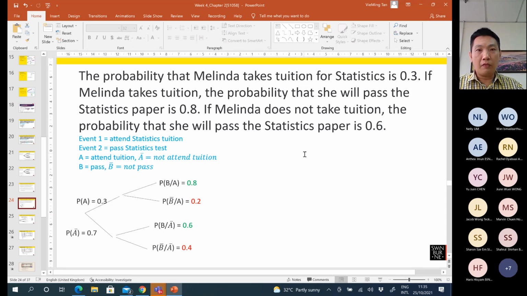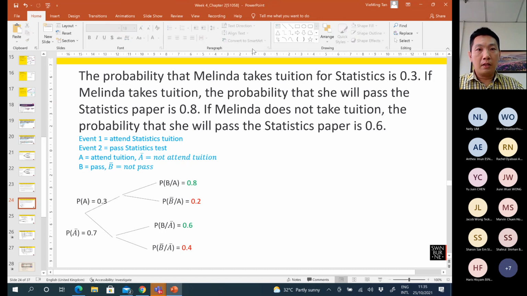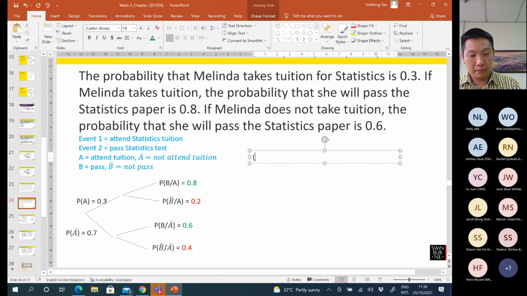So if I want to calculate the probability, I insert the text again. So this is P. Pass the statistics, in this case I use B, B for pass.